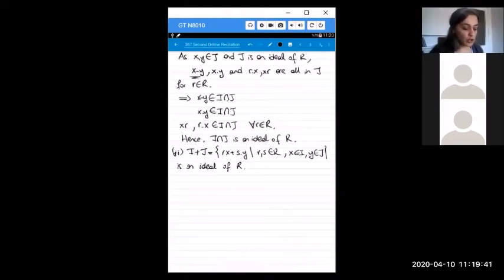So here again, we are going to strongly make use of the fact that I and J are ideals. Let us first take two elements.